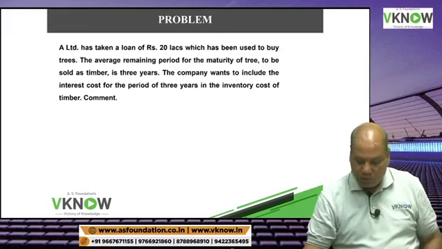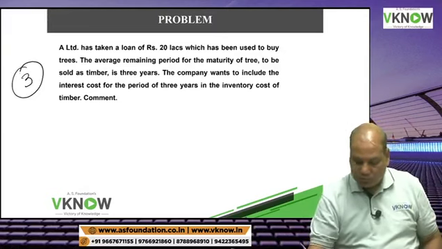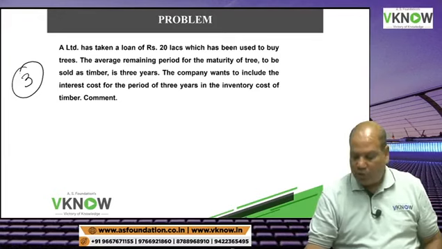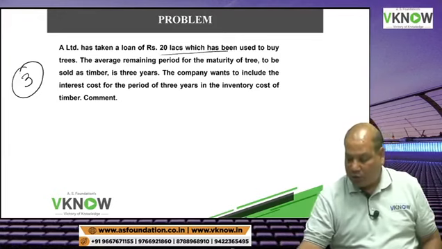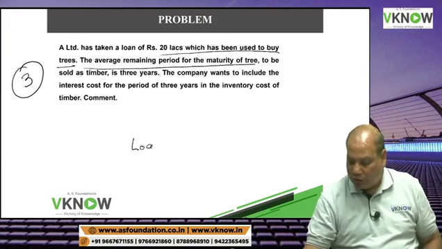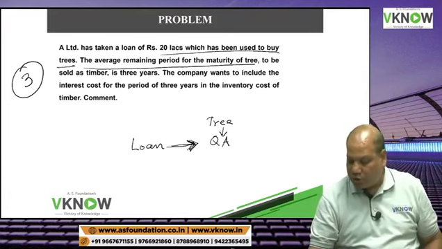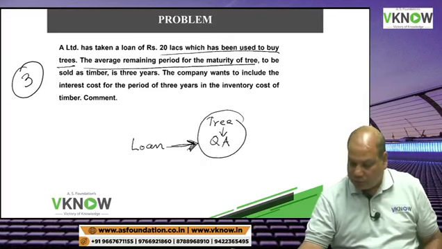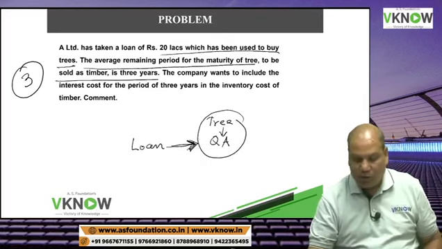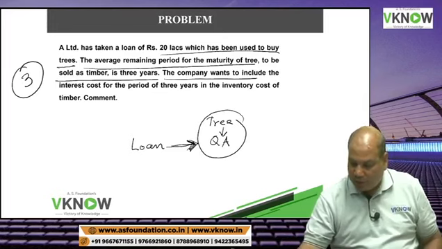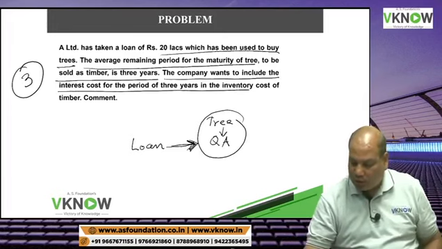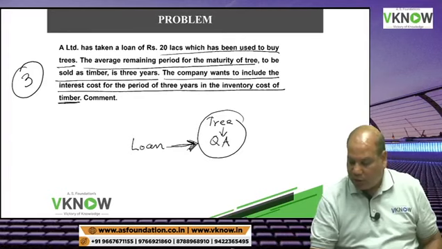Next, question number 3. A Limited has taken a loan of 20 lakh which has been used to buy trees. Average maturity of the tree is 3 years. So in this example, tree is a qualifying asset and the loan is taken for production of a qualifying asset to be sold as timber in 3 years. Company wants to include the interest cost for the entire period of 3 years in the inventory cost of timber.